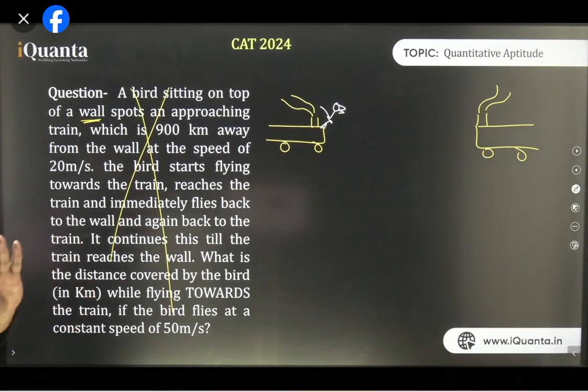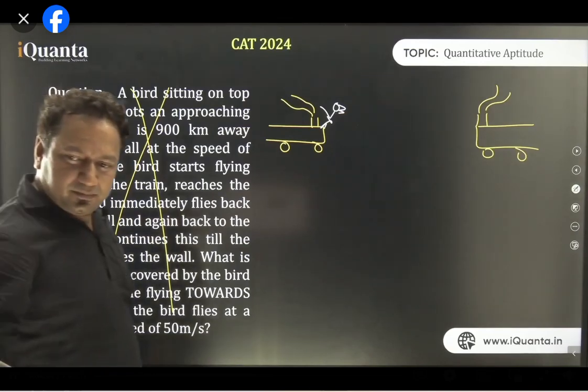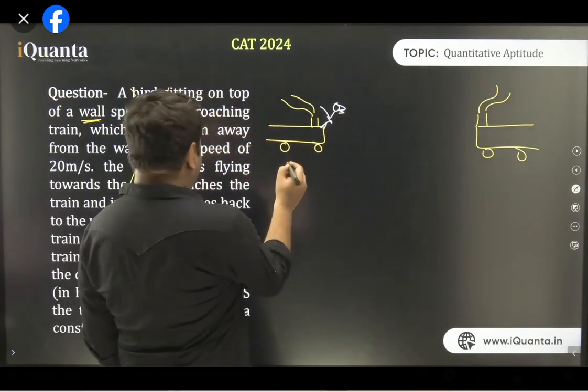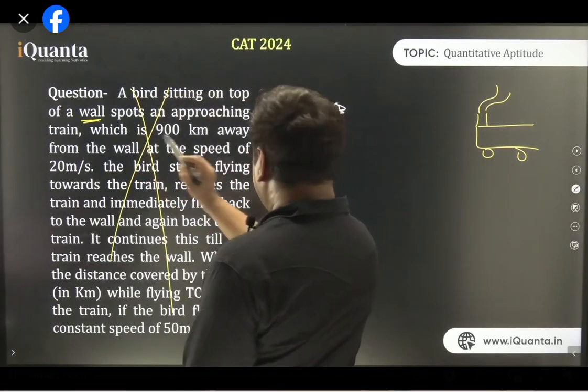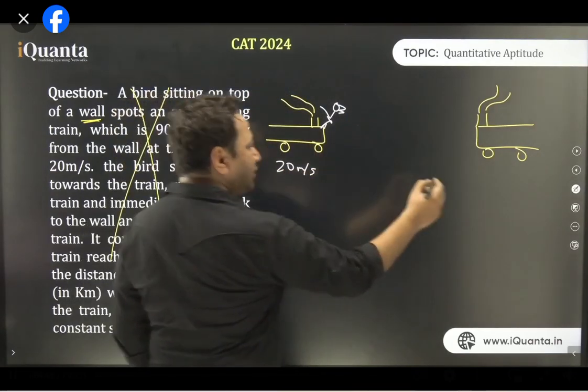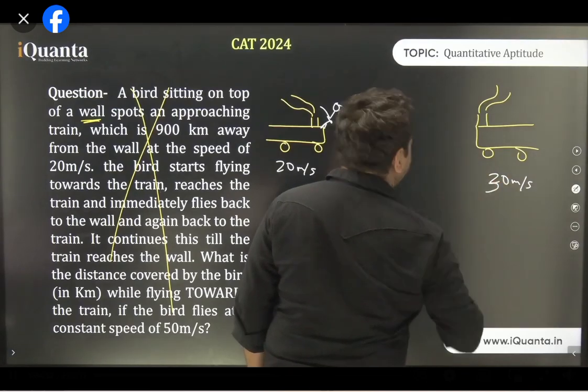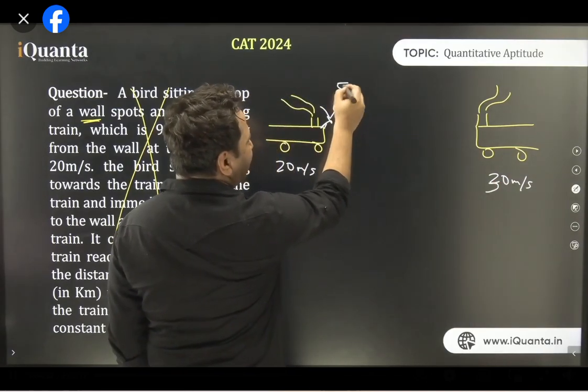चलो यहाँ देखो अभी सबको clear हो गया ना? So here the same question is there. The thing is, this train is moving at, let's say, 20 meters per second, and this also at 20 meters per second. Let's just move at 30 meters per second, and the bird is moving at 50 meters per second.